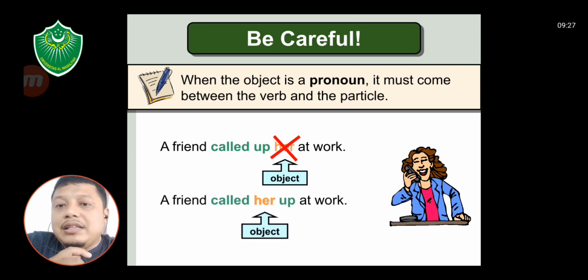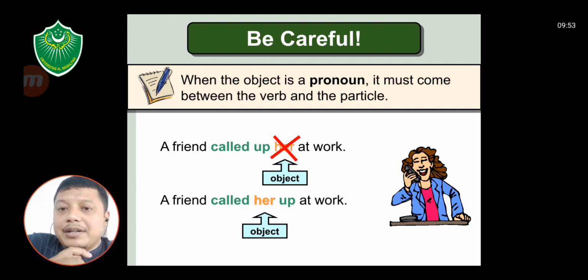So you actually have to make a change. A friend called her up, call him up, call them up. Remember, when the object is a pronoun, its position must be between the verb and the particle, right?